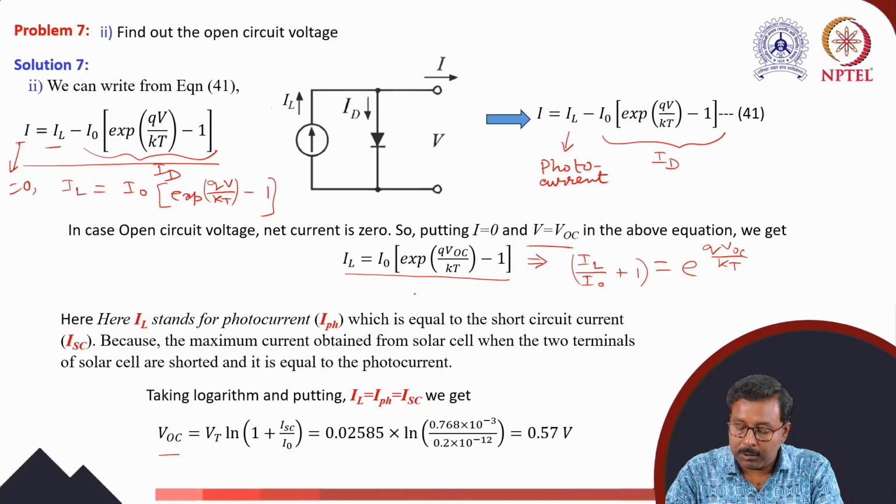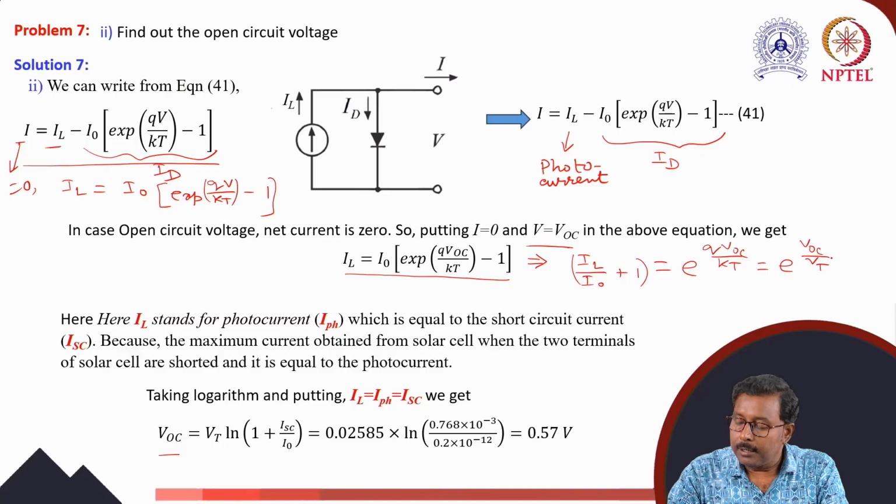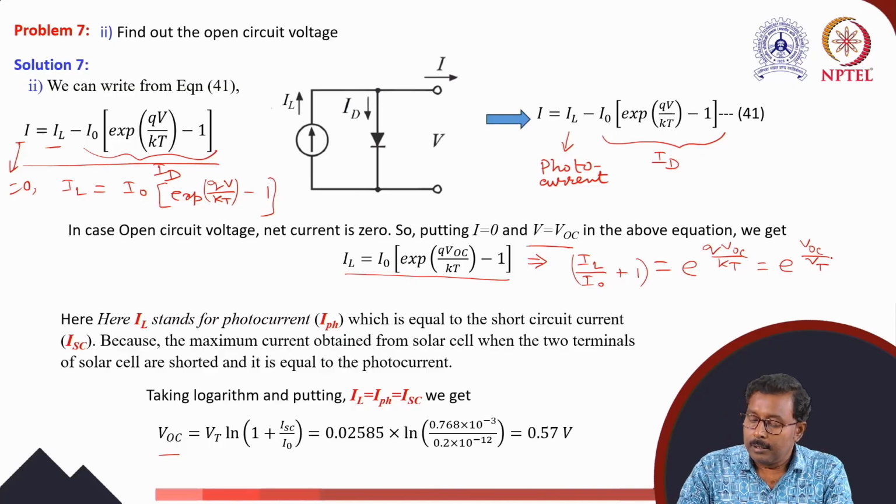Now KT by Q is again Vt, so e to the power VOC by Vt. And IL is nothing but ISC here. So VOC will be Vt into ln of this.